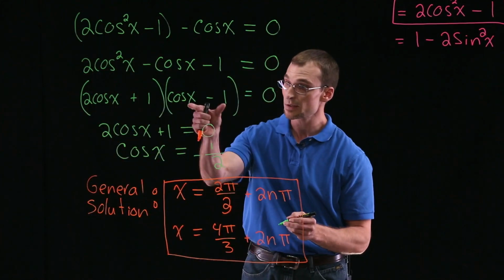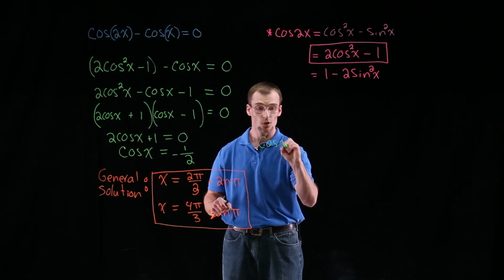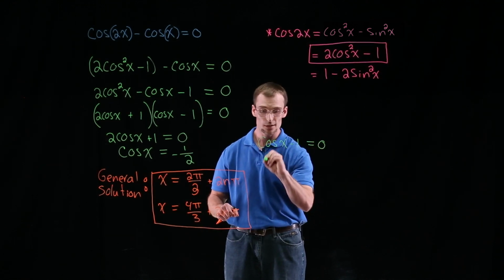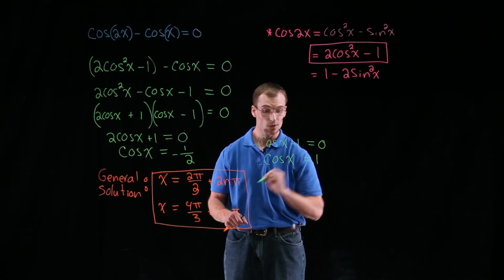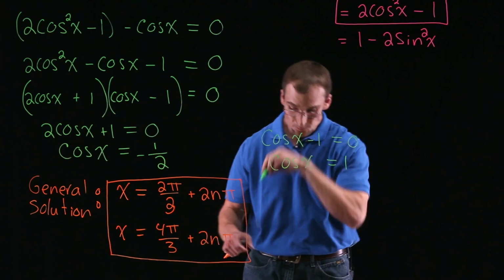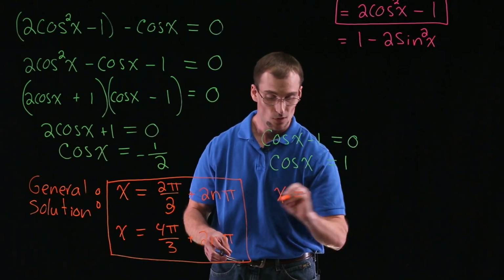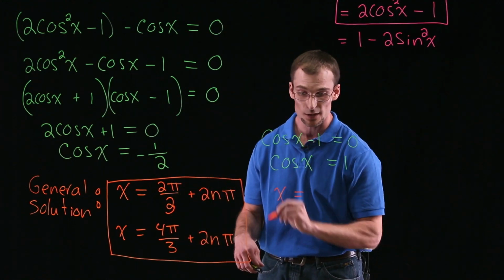And now we're going to take a look at the second factor, cosine x minus 1 equals 0. And we solve that just to get cosine x equals positive 1. So again, the general solution: between 0 and 2 pi, what values of x give us a positive 1?